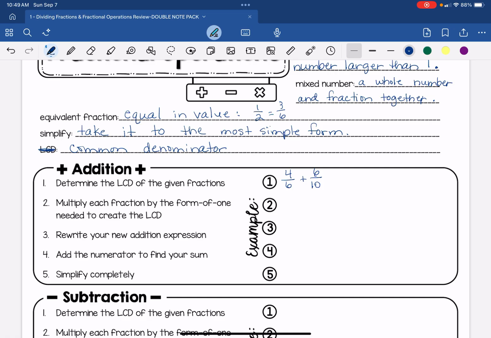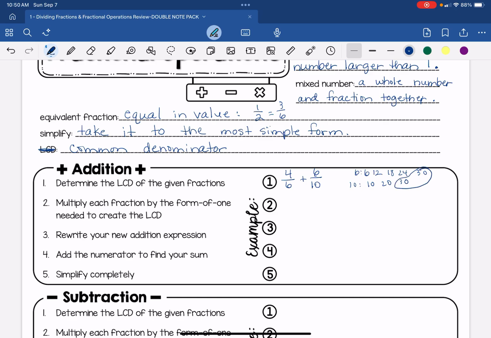So one way you could do this is you could find the multiples of 6 until you got a number that 10 also goes into. Now I'm listing the multiples of 10, and you see that I have 30 on both.